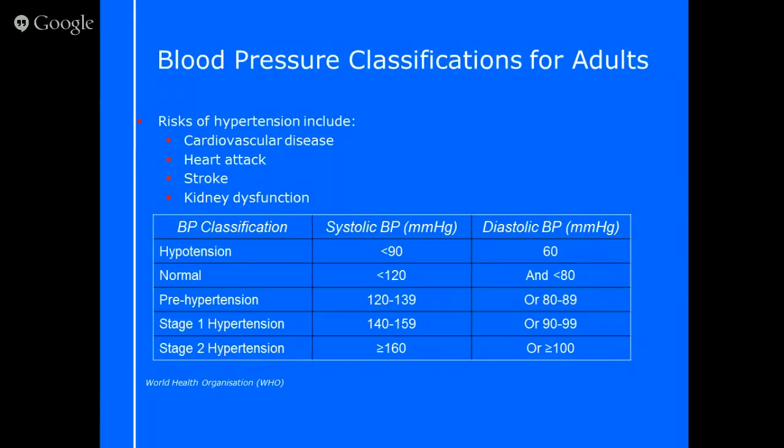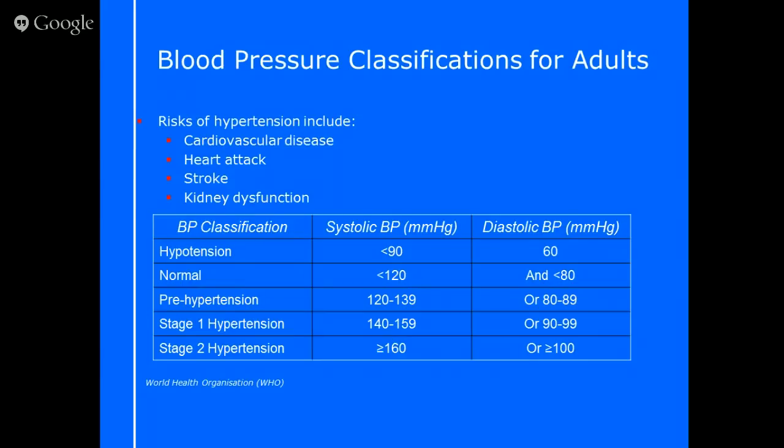So let's look at the normal to start off with, and this normal classification of blood pressure is 120 over 80. So here we're looking at this sort of clear gap between 120 on systolic, between 80 on diastolic, and that's an optimal place where we ideally want our clients to be.